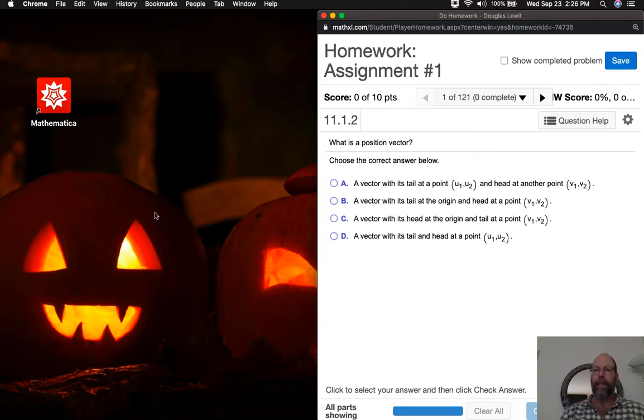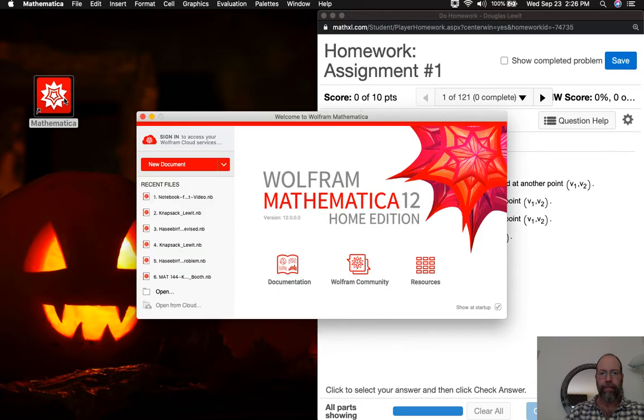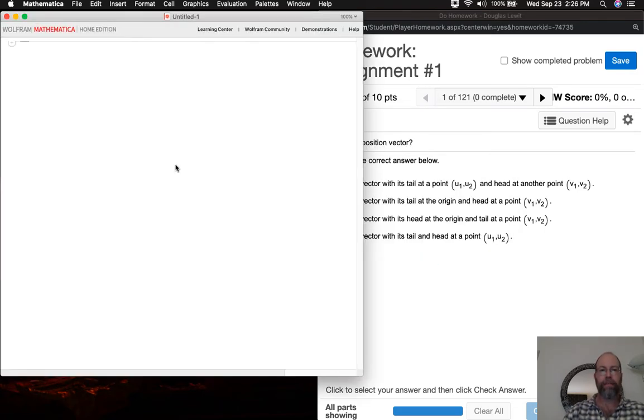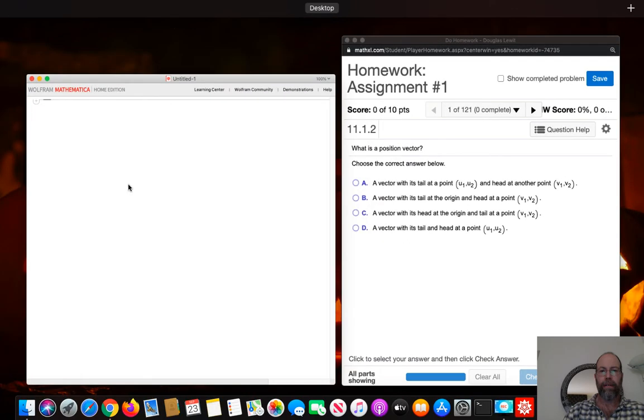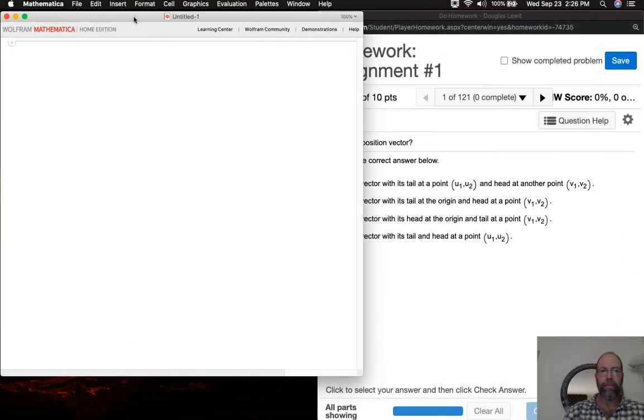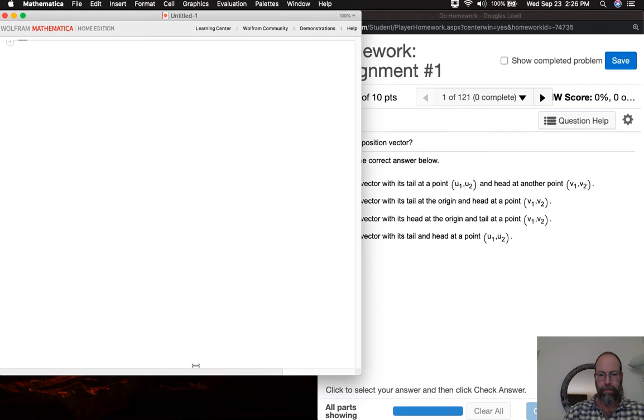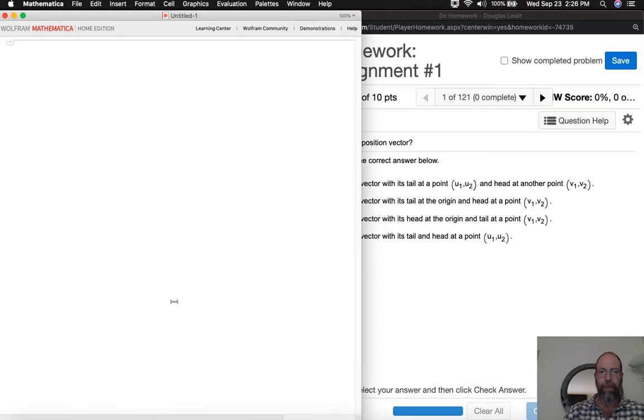I'm going to click on Mathematica and new document. There we go. And let's see, 1 plus 1, shift enter, that's going to be 2.